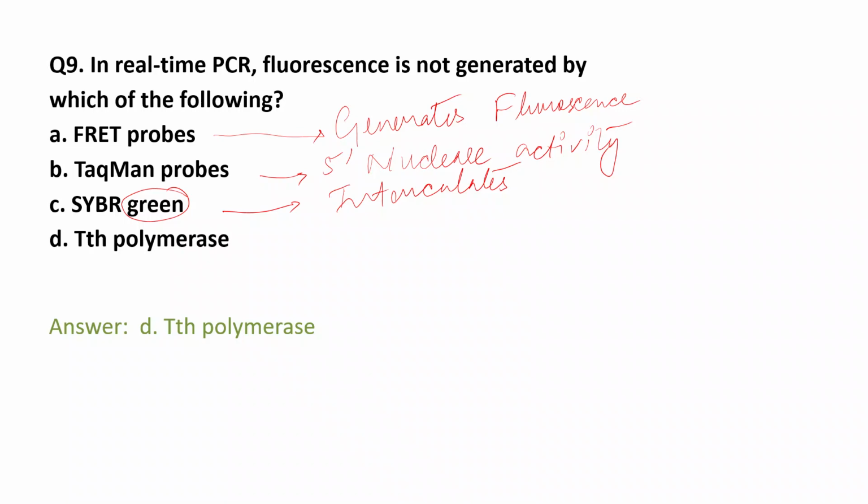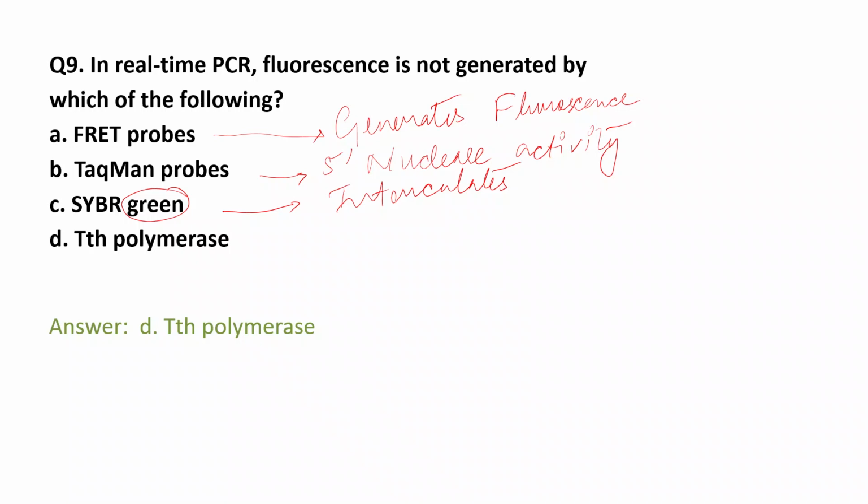I'm not sure of the exact wavelengths, but it will get excited around 495 to 500 nanometers, which is blue, and show emission around 520 to 530. That's what the filters in real-time PCR machines are for.